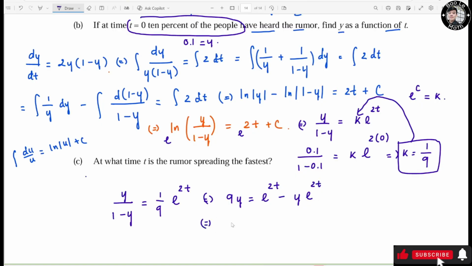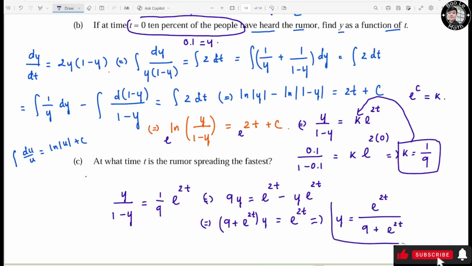So it's going to be (9 plus e to the 2t) times y equals e to the 2t, right? I divide both sides by this, so y equals e to the 2t divided by (9 plus e to the 2t). This one is the final answer, right?